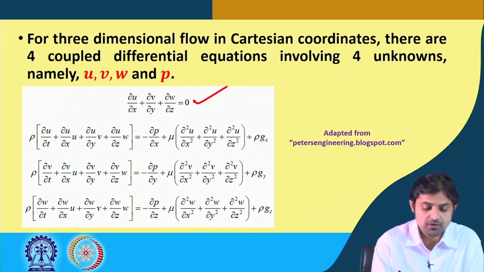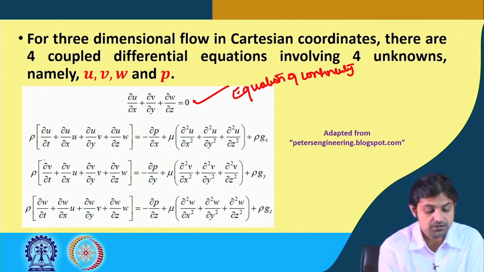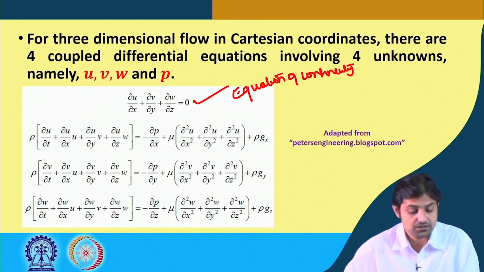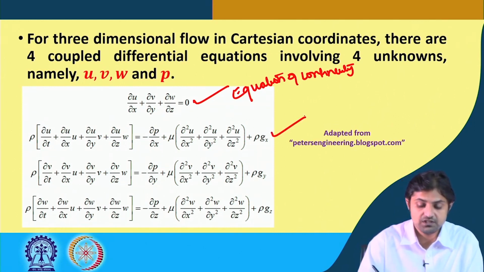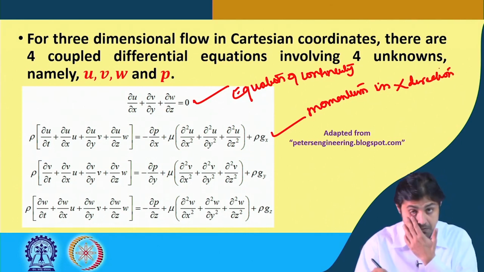So now you can easily remember that this was the equation of continuity. This one, rho times del u by del t plus u del u by del x plus v del u by del y plus w del u by del z is equal to minus del p by del x plus mu del squared u by del x squared plus rho g x. This is momentum in x direction.